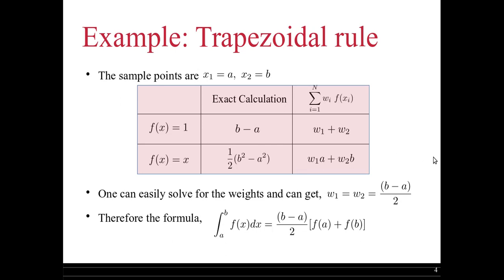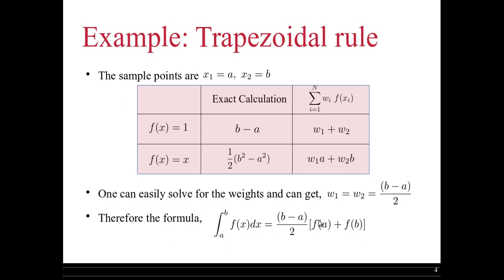And with this, your formula is the integration over a to b of f(x) dx equal to the weight factor. Since both of them are equal, I have just taken it common, so (b minus a) by 2 multiplied by f(a) plus f(b). So this is exactly the trapezoidal rule, you can see.